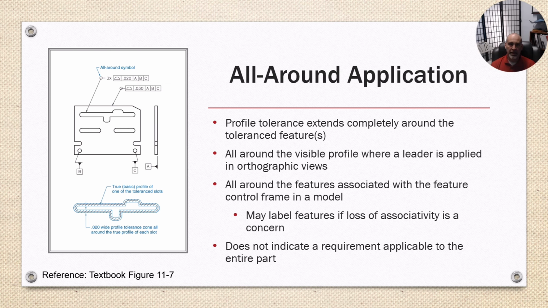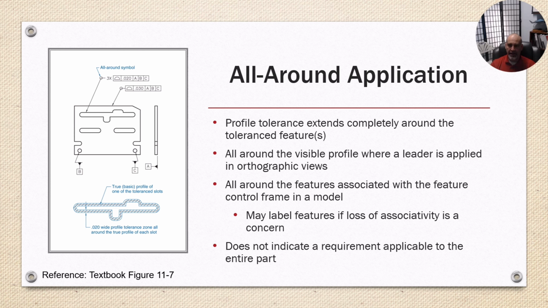So the symbol, it's very similar to the welding symbol for all around, and you put a little circle around the leader point, okay? And that means that you just point at the edge. In this case, they've got two. One of them is a 3 times all around profile of 20 thousandths, so that applies to the 3 slot features that are in this.